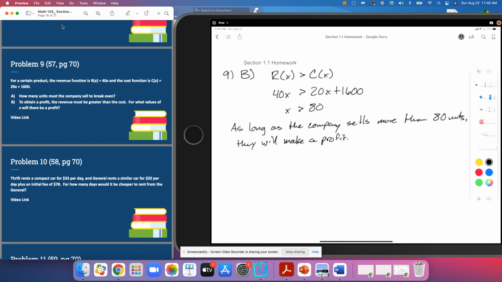So anything at or below 80 units, they're either going to lose money or just break even.